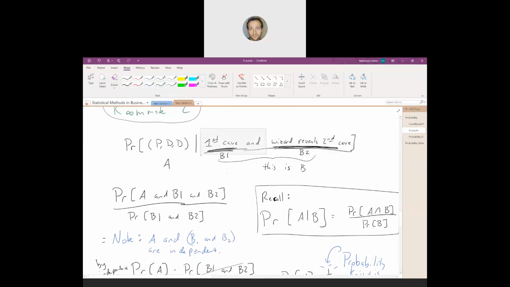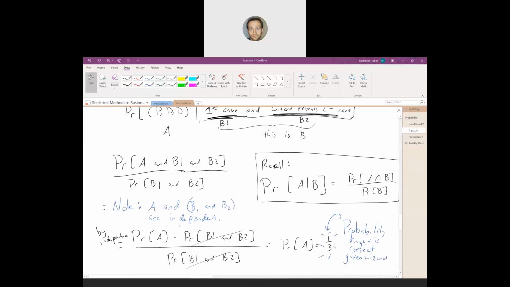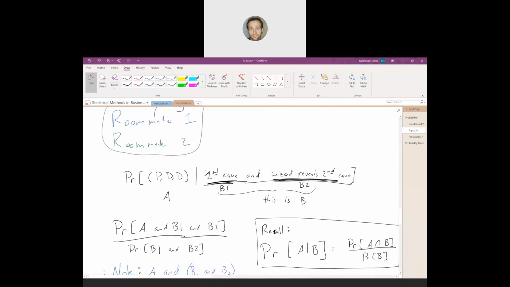It doesn't change the probability of your first choice. That's what it means to be independent. And you can show that it's independent in this way: the probability of this occurring with this, they don't equal each other. They just don't fit the definition of independence.